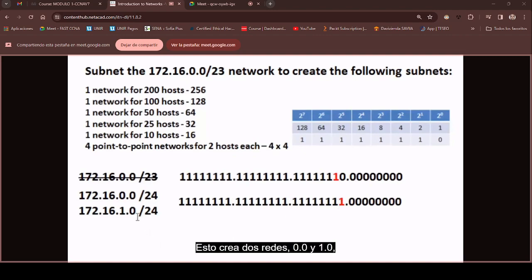This creates 2 networks, 0.0 and 1.0, each subnet having 256 or 8 host bits. Notice how the subnet mask has changed from /23 to /24, and I now have 2 256 host subnets.